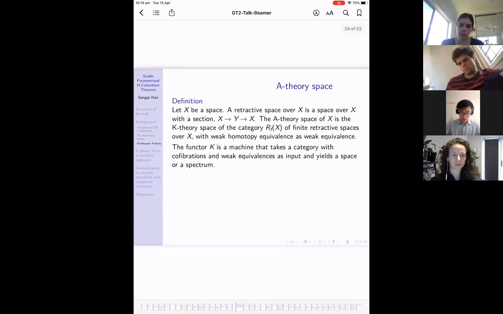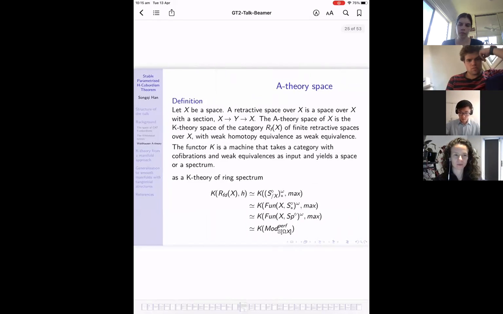The A-theory space of X is the K-theory space of the category of finite retractive spaces over X. Here, the weak equivalences in this category are defined to be weak homotopy equivalences. I'm not going to write down explicitly how Waldhausen defined his K-theory space. All I'm going to say is that the functor K is a machine that takes a category with compatible cofibrations and weak equivalences as input and yields a space or a spectrum as output.